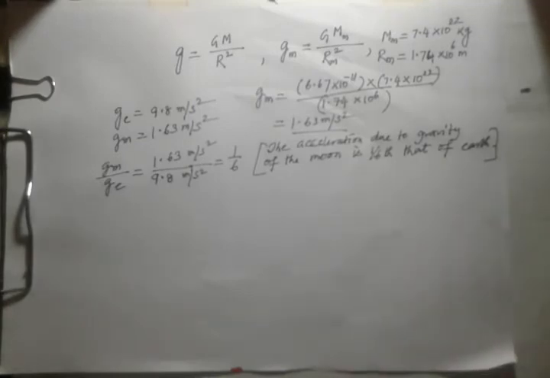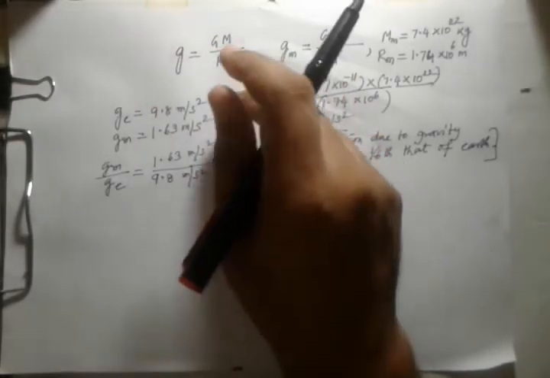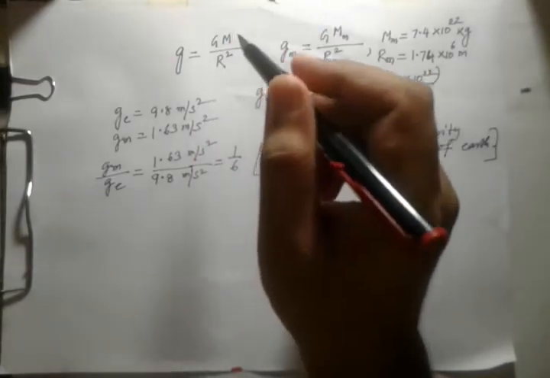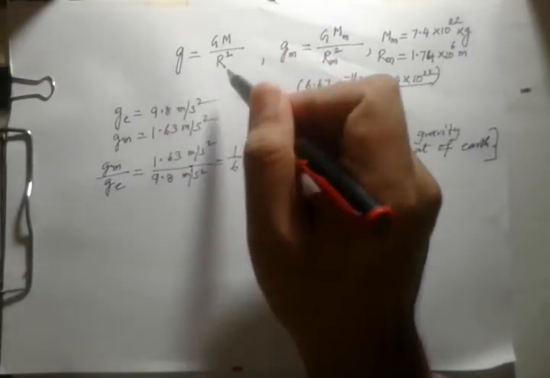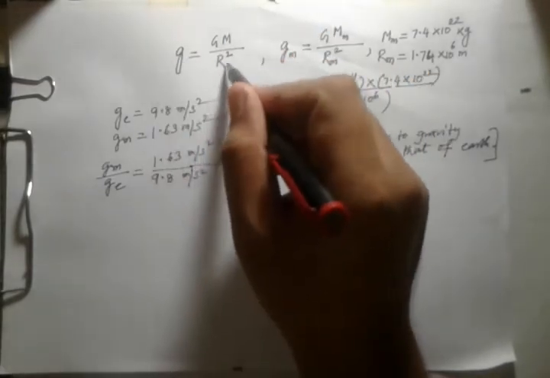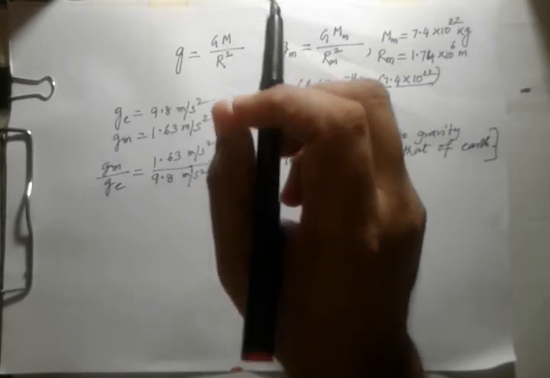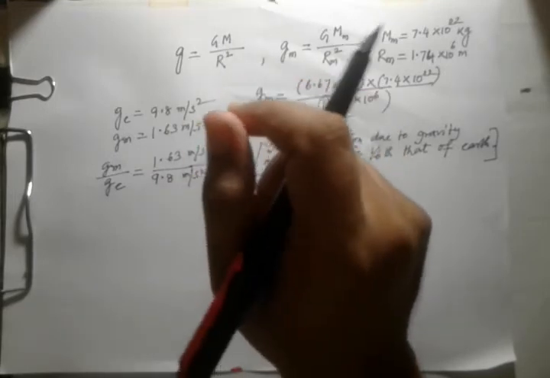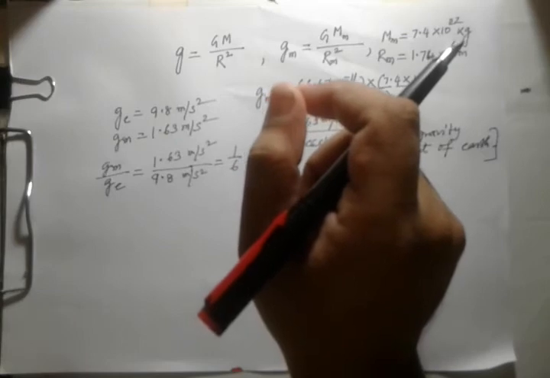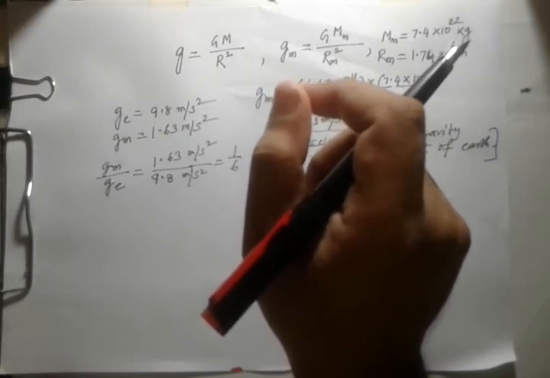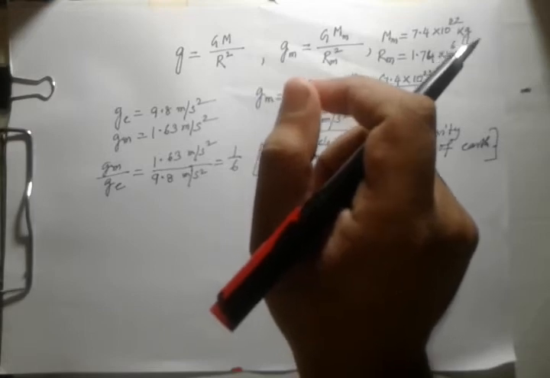Now today we'll also learn a few more informations about the value of g. Remember that the formula is GM by r square, and you can also understand the value of g is inversely proportional to r square. That means the value of g on the earth is not constant. It is maximum at the pole of the earth and minimum at the equator of the earth.